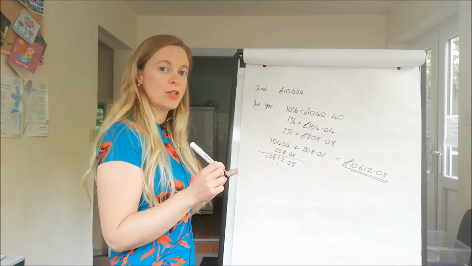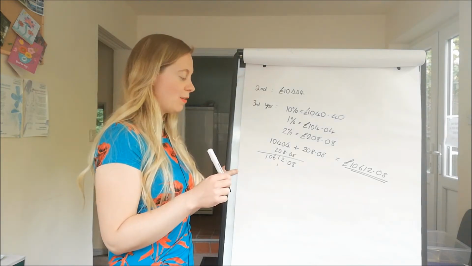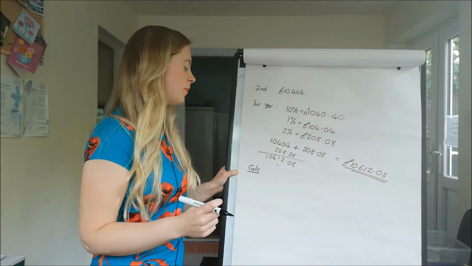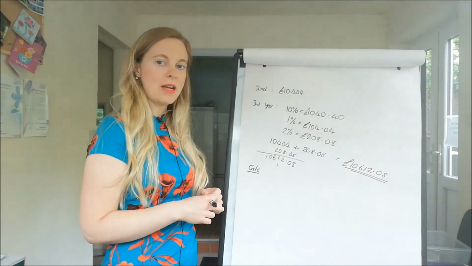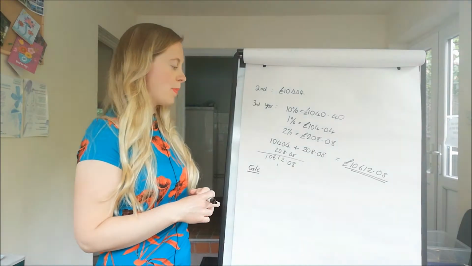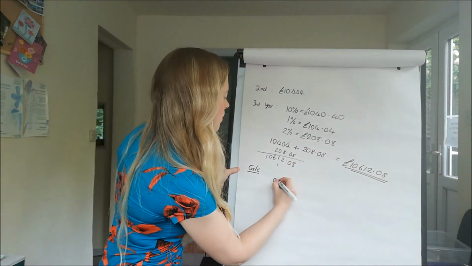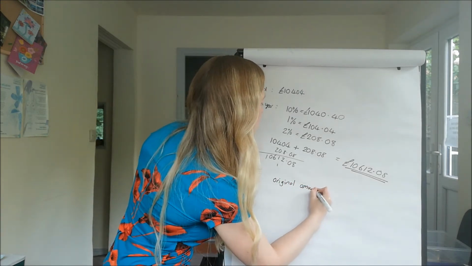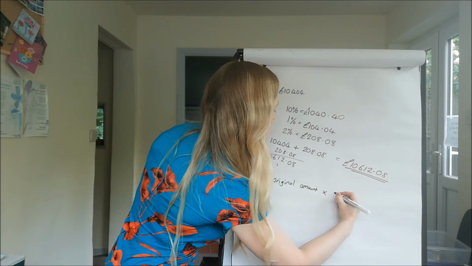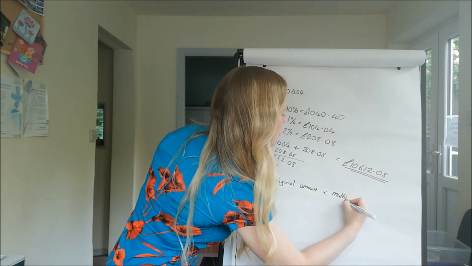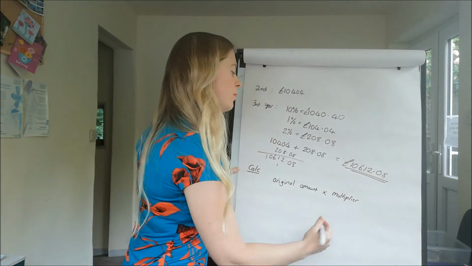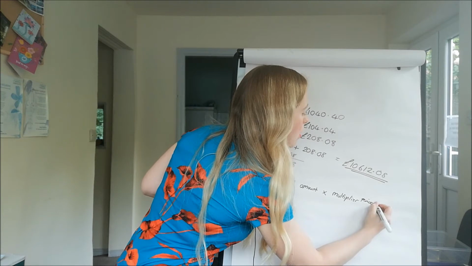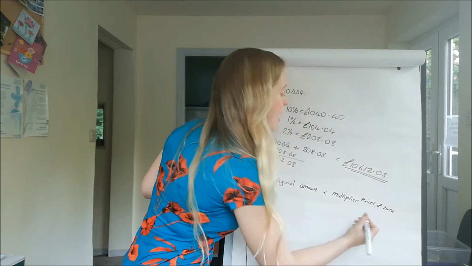So if you now put method 2, calc, and then just put, use the formula original amount times multiplier to the power period of time.